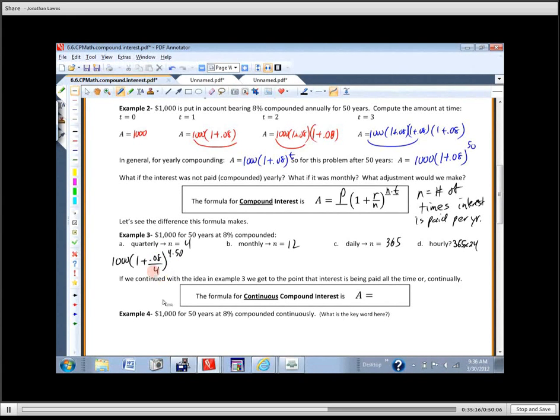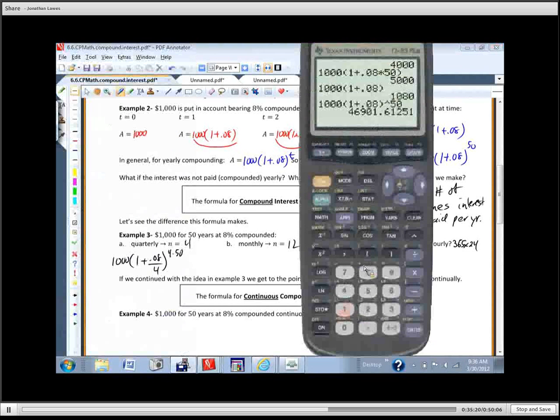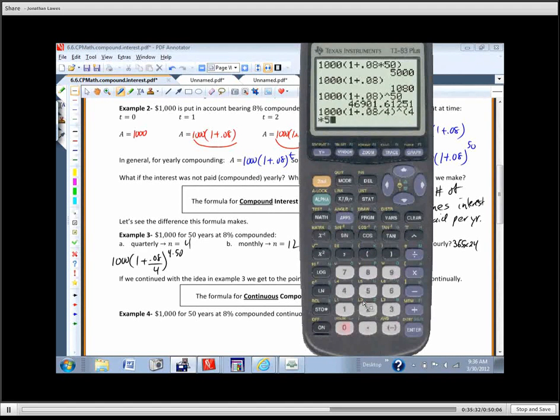So let's grab the calculator and see what difference that makes. We're going to have 1,000, and then we're going to do 1 plus 0.08 divided by 4, and then we're going to raise that to the, and you have to have this in parentheses, 4 times 50. Now, if they paid us 8% and put it in at the end of every single year, it made a gigantic difference.